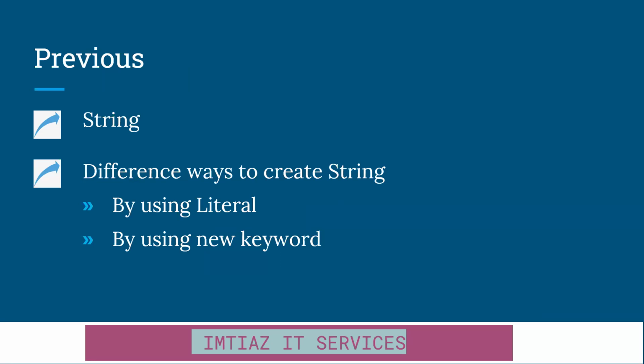Previously, we discussed what exactly a string is, and we understood how it compares with the C language. We saw what happens when you create a string by using a literal, and we also understood the difference between the equals operator and the equals method.